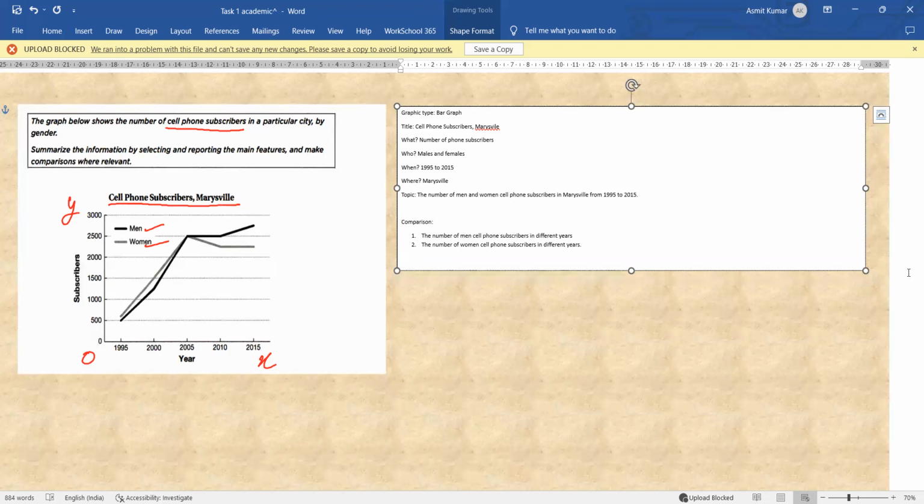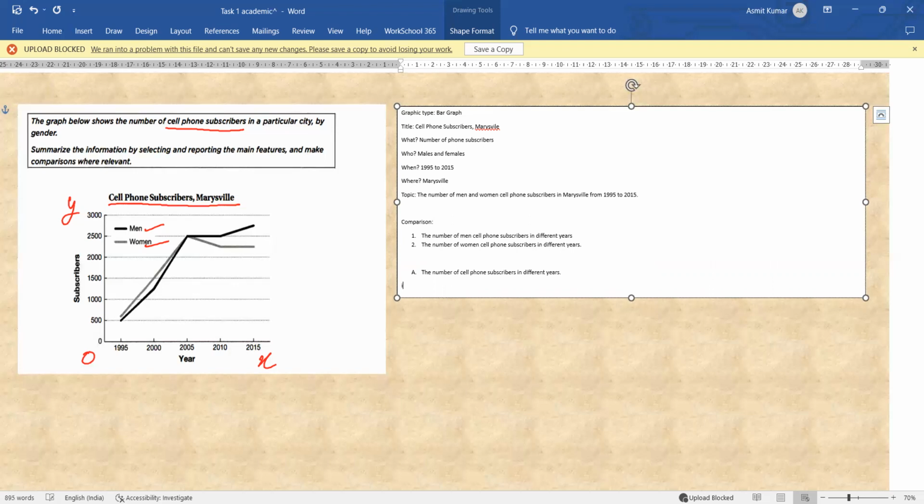Point number one, I'm writing A here because one I have already written. So let's make this kind of paragraph. In A, I have taken the number of men cell phone subscribers in different years.